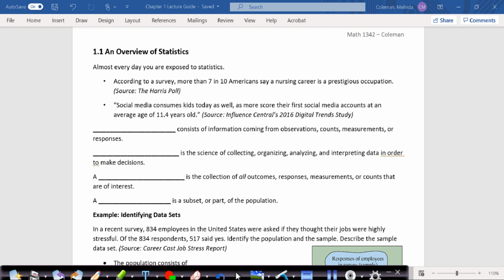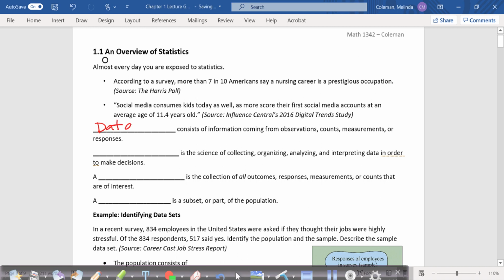The data consists of information coming from observations, counts, measurements, or responses. Statistics, then, is the science of collecting, organizing, analyzing, and predicting that data in order to make decisions. A population is the collection of all outcomes, responses, measurements, or counts.